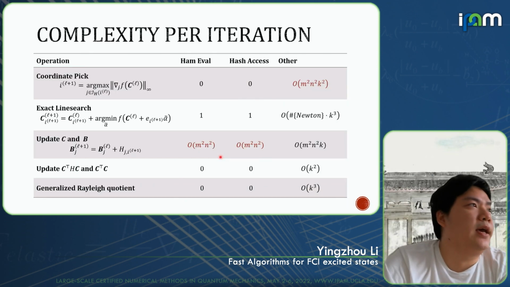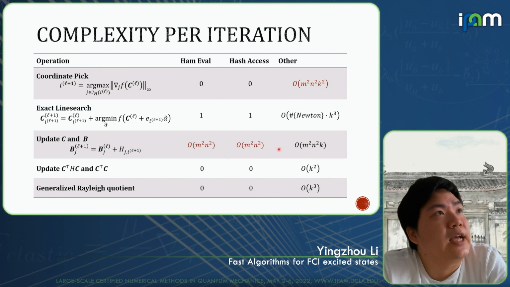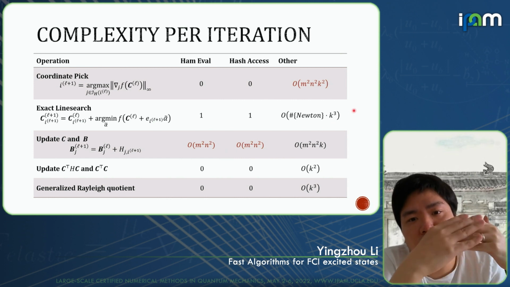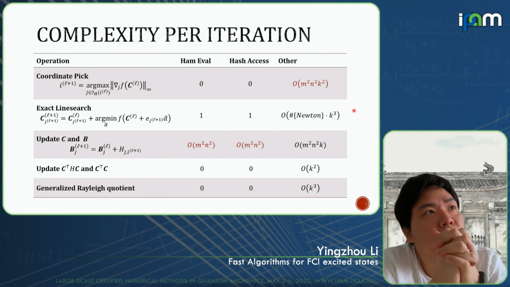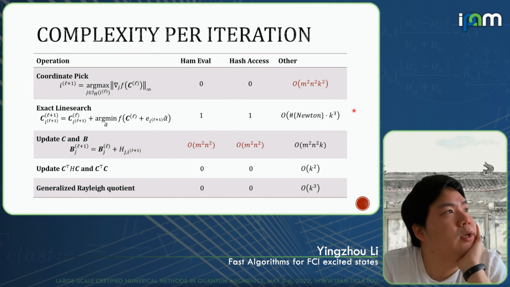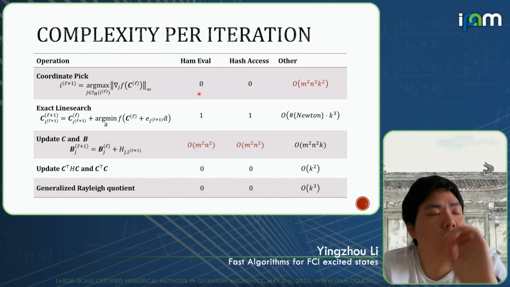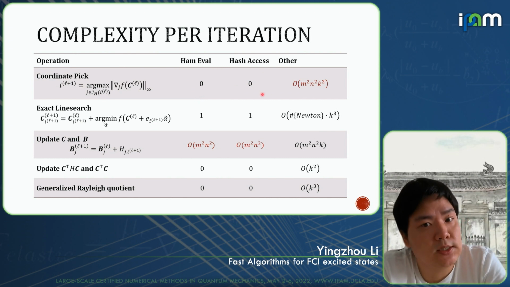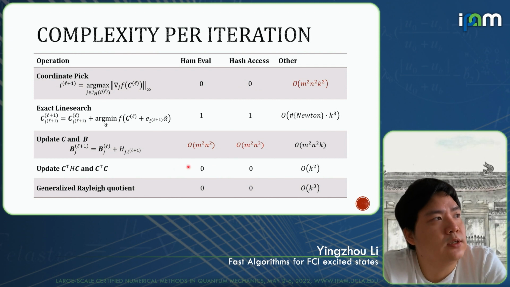Now let's take a look at the complexity per iteration. If we forget about the number of iterations, then we can count the complexity per iteration. In the coordinate pick, we do not need any Hamiltonian evaluation. We do not need any hash table access for that part, because in the previous iteration, we already got those hash table values from the previous update.